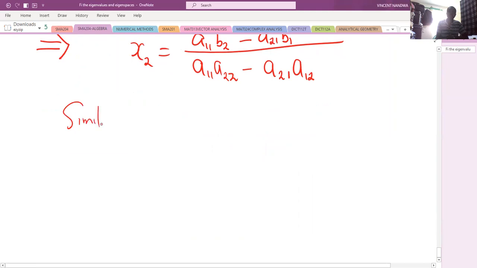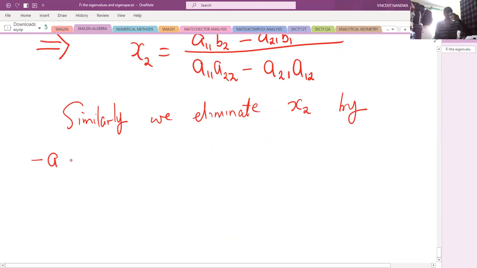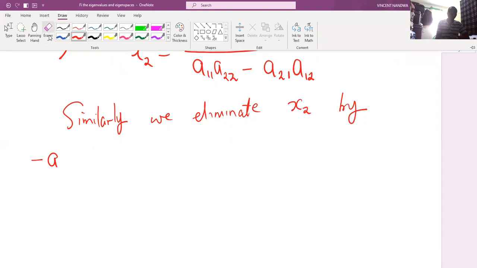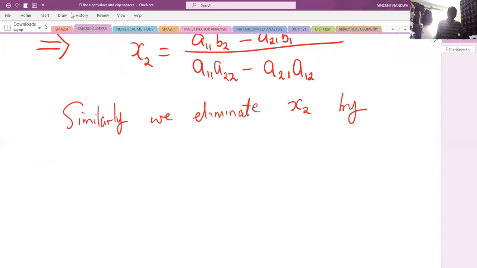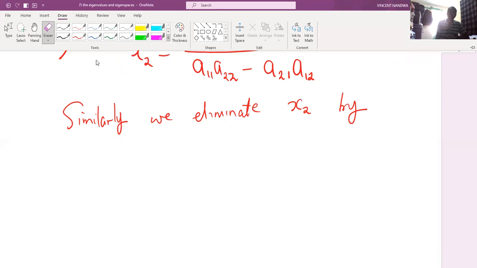And then for x1, similarly, we eliminate x2. So for x2 to be eliminated, we have to multiply equation 1 by a multiplier. I'll just write the equations.